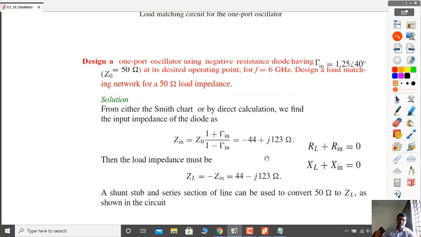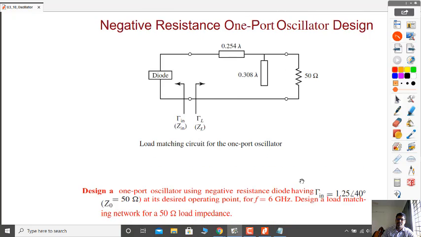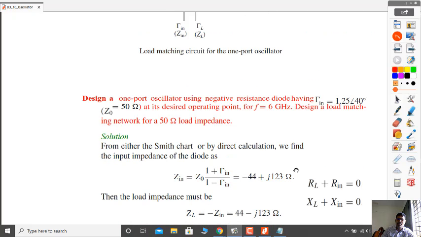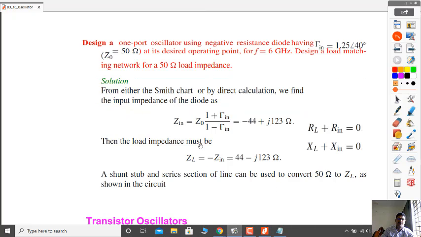By using the Smith chart, you compute the normalized value, and then you have to multiply with 50 to get the exact Zin value. Here we have done this computation using the analytical method, using the formula Z0 times (1 plus gamma in) by (1 minus gamma in), which gives us minus 44 plus j 123 ohm.